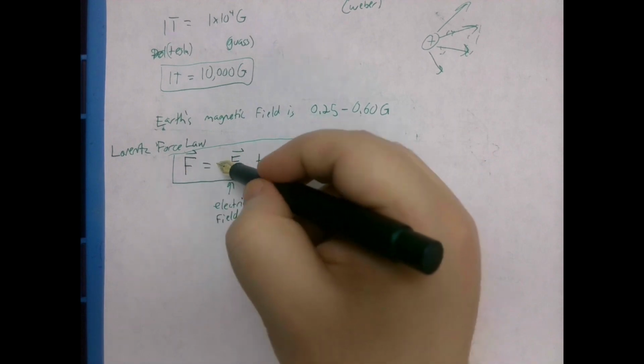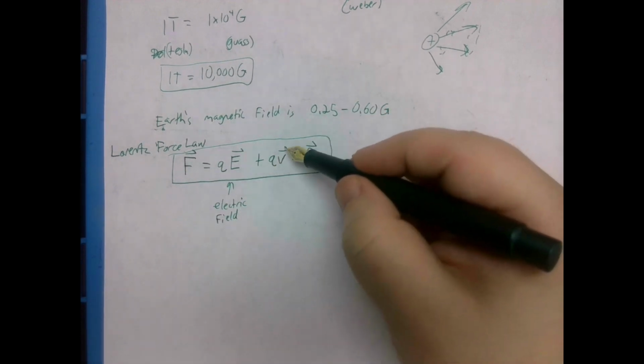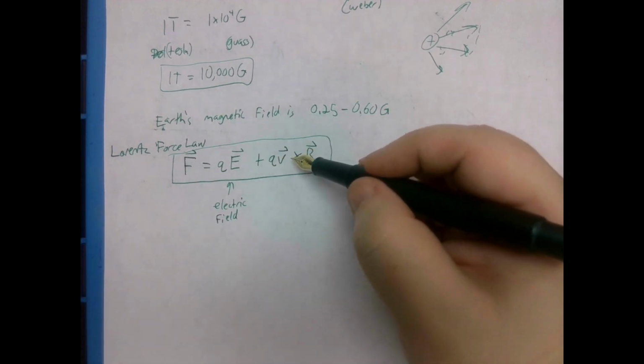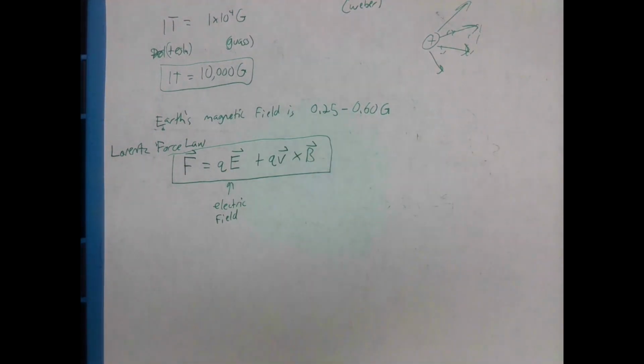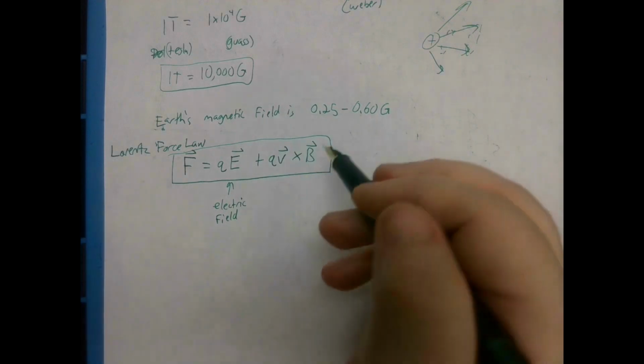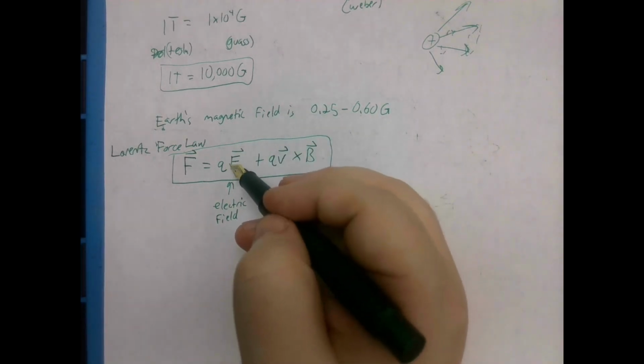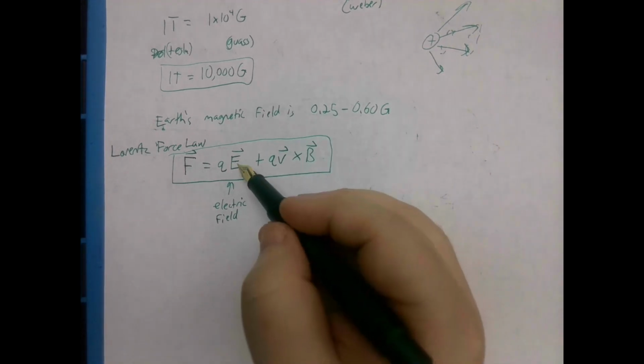We've already done F equals QE. This is the proportion for the force of the magnetic field. So if you have both an electrical field and a magnetic field, you get that. If you have no magnetic field, then this is your simple Q times E, your electrical field strength.